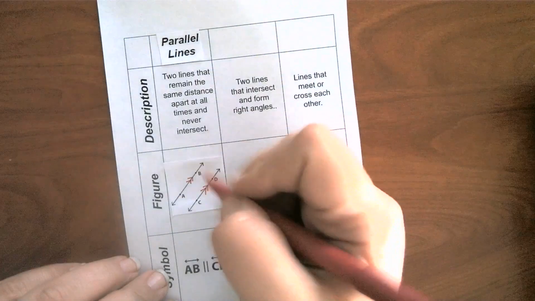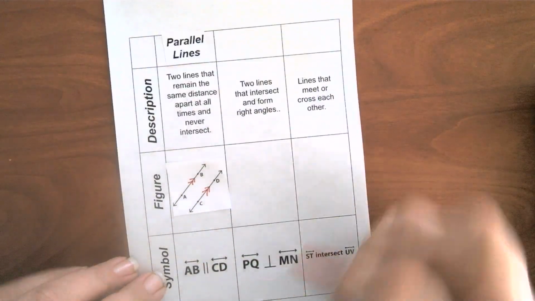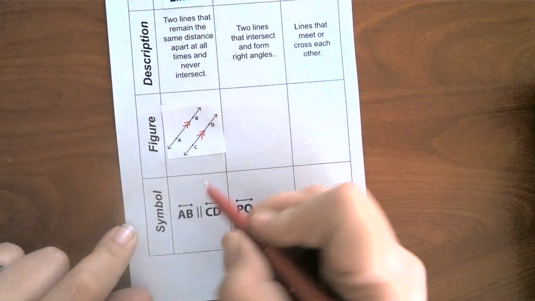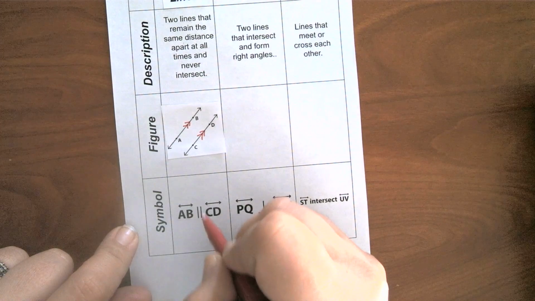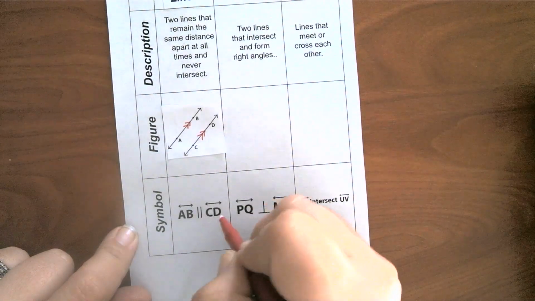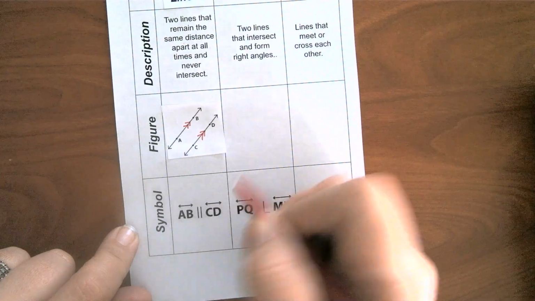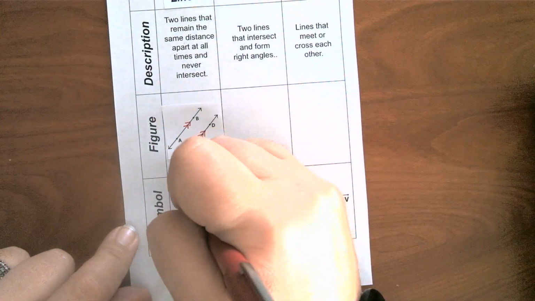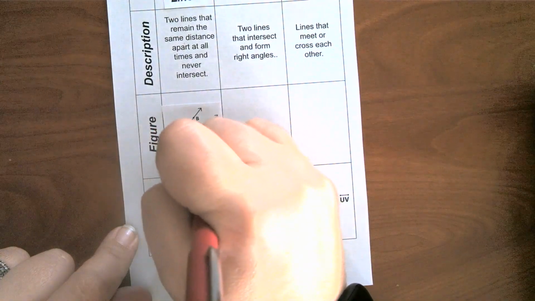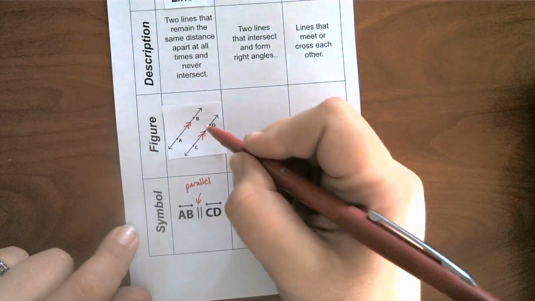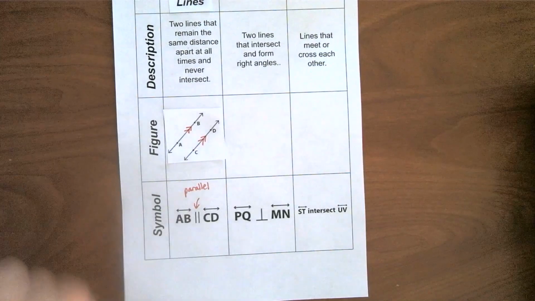And those markings are what a diagram would tell you if they wanted you to know that they're parallel. If you look down here at the symbols, you see line AB, and then these 2 little vertical lines, and then line CD. This symbol is the symbol for parallel. So if you're writing it in symbol form, it looks like this. If you're marking it on a diagram, it looks like that.